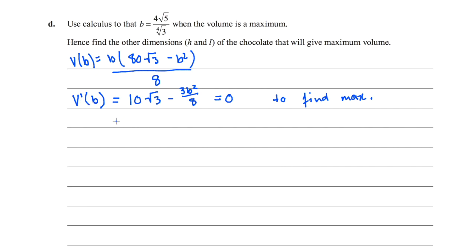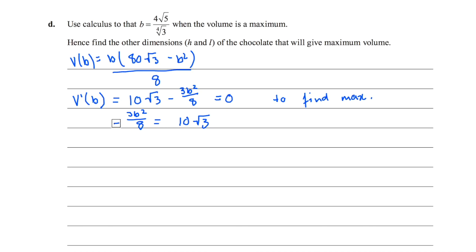Solving for the value of b gives us, we'll subtract 10 root 3 from both sides. So minus 3b squared on 8 equals minus 10 root 3. Okay, you can see that the minuses will just go away. So let's get rid of them. Good.